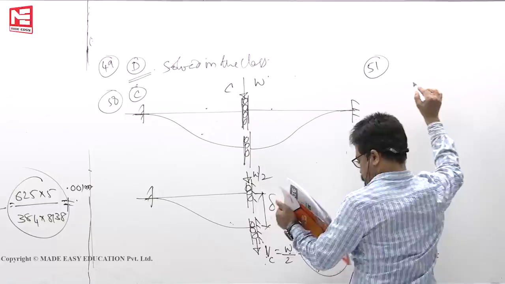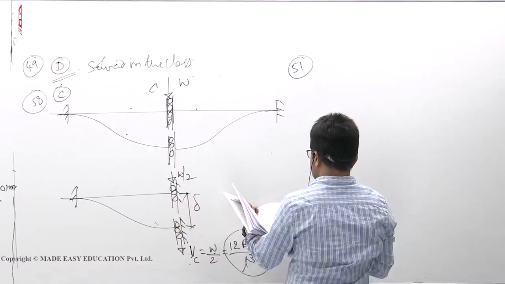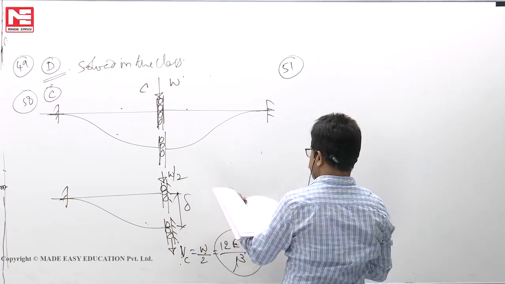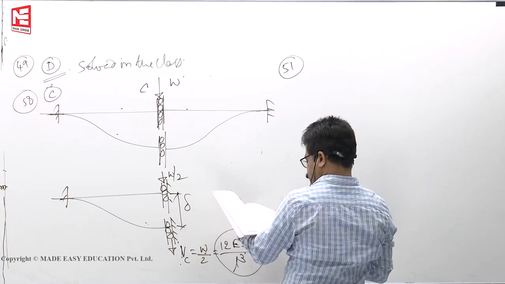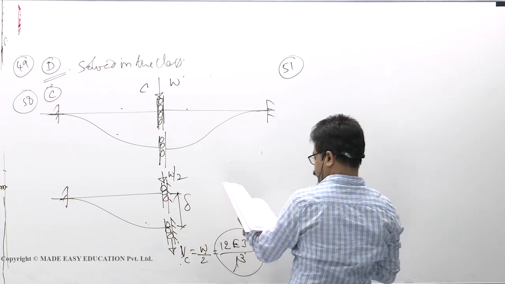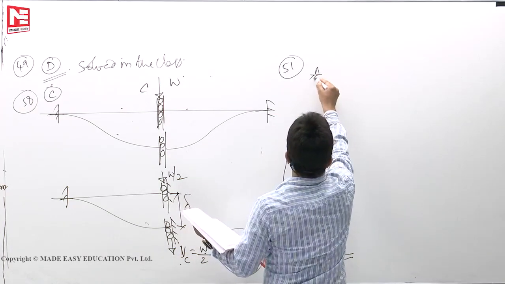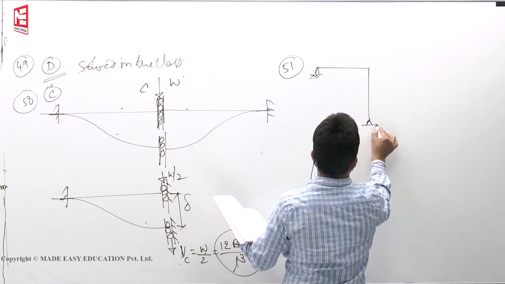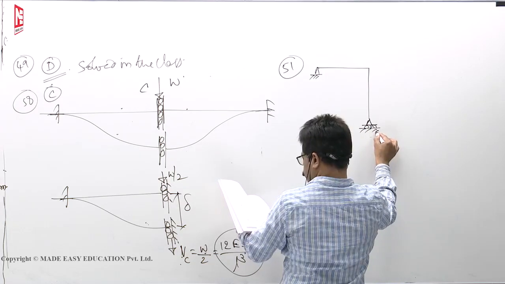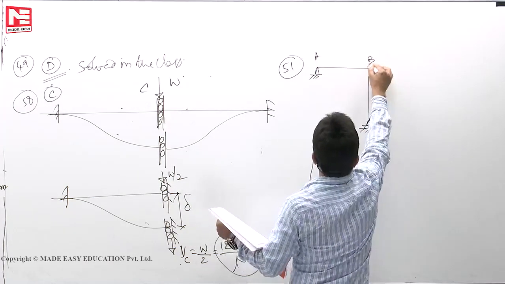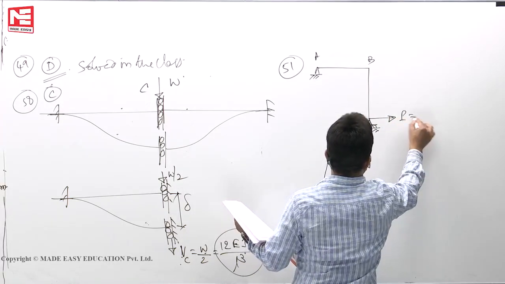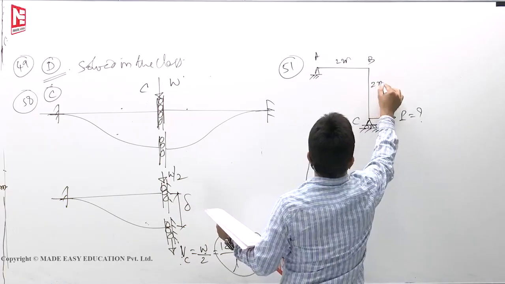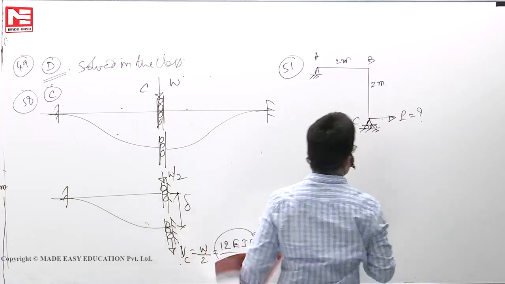Next, 51. What force is required for displacing support C horizontally through a distance delta? Okay, now you have a member like this, 2 meters, 2 meters, A, B, C. How much force P do you have to apply, so that it will move by delta?